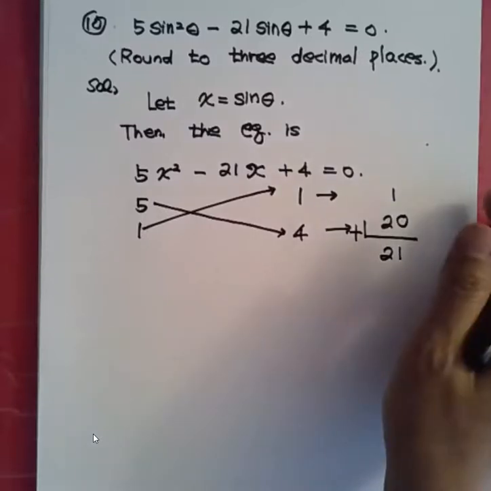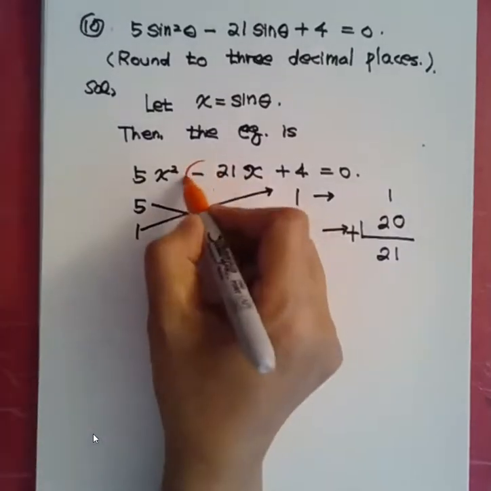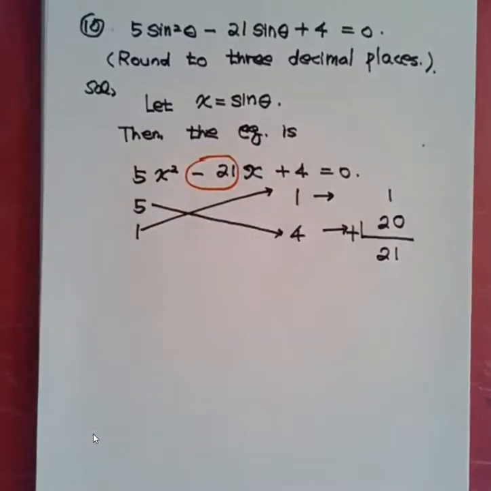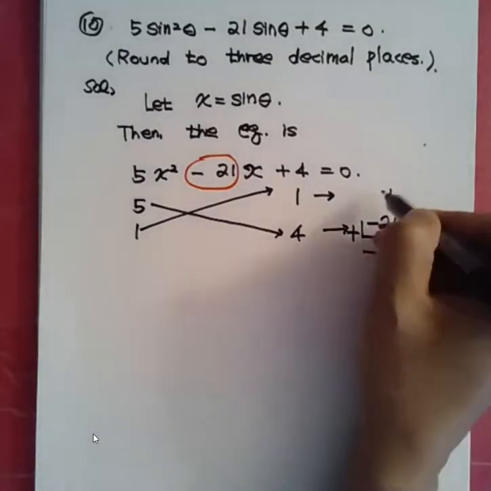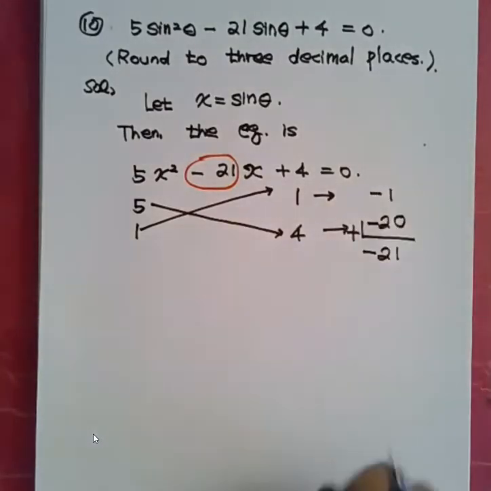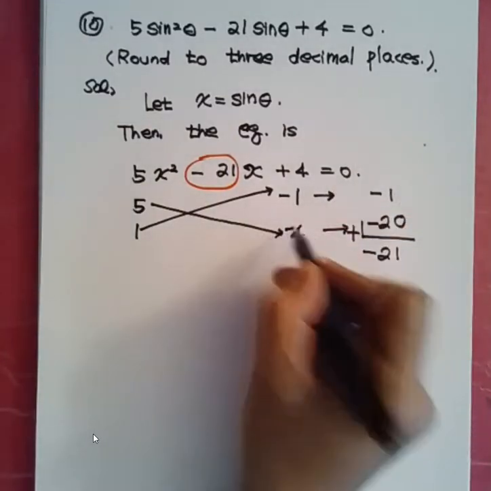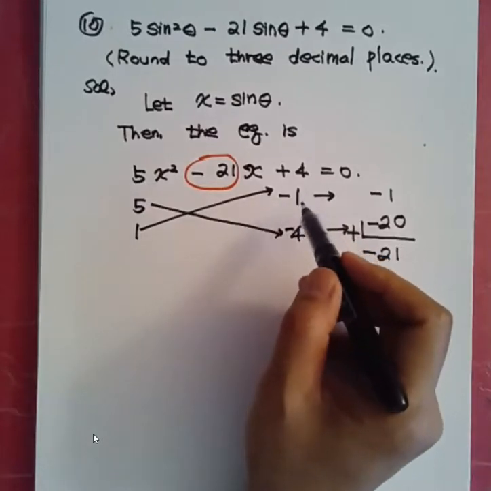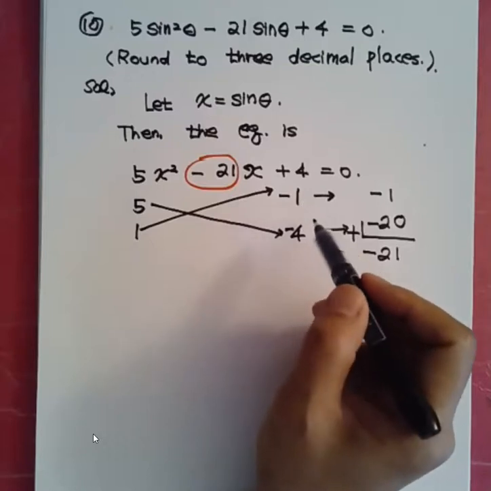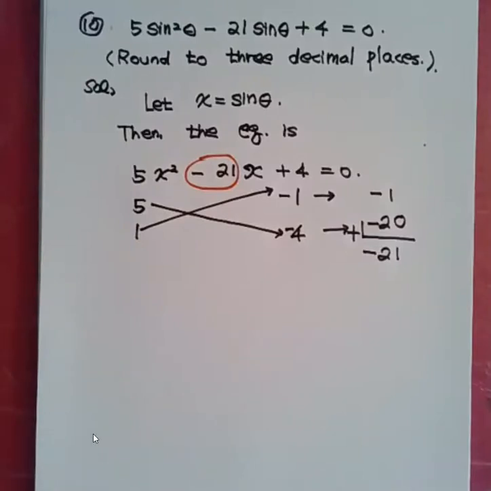But we want the number in front of x to be minus 21. So to do that, we have to put minus for both. When we put minus to both minus 1 and minus 4, when we multiply them, that becomes 4.